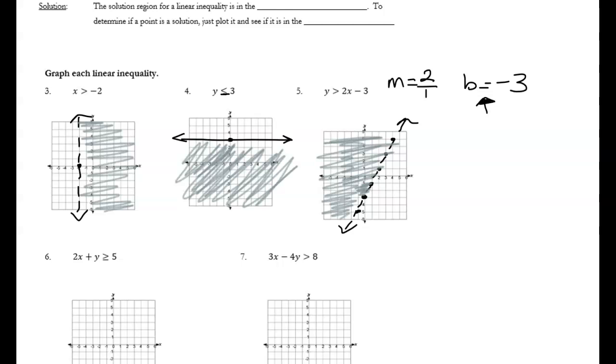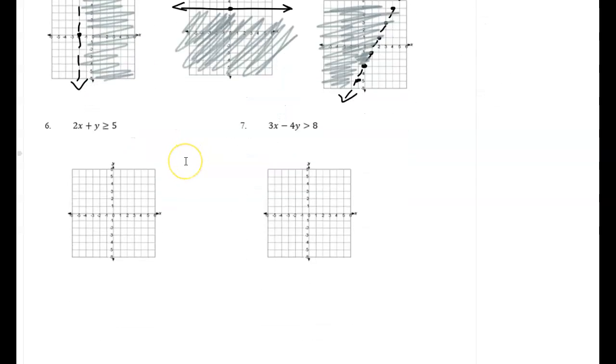All right, 2 more problems. These ones are a little trickier because you have to do some solving. And so here, I need to move my 2x on both sides. And so I get y is greater than or equal to -2x plus 5. And so now my m is -2/1 and my b is 5.